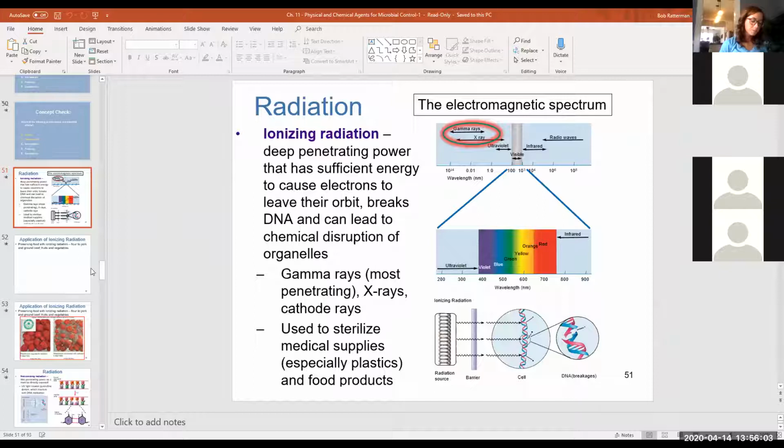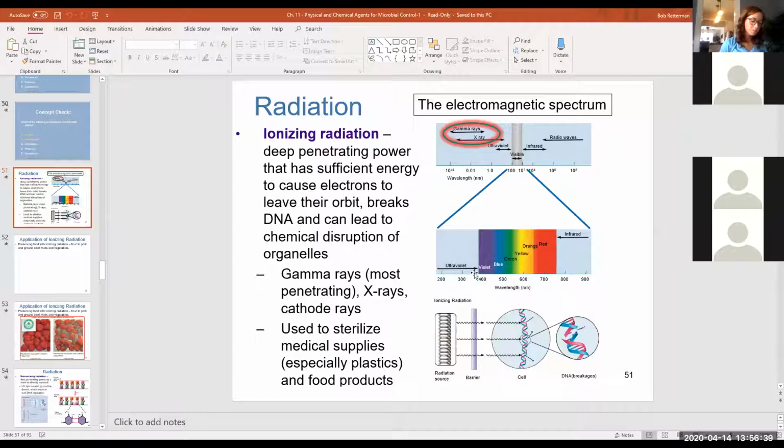Not to get into a great deal of physics here, but this is the electromagnetic spectrum, of which just a small part is visible to you and I. We think of the colors of the rainbow ranging from the longer wavelength red down to shorter wavelength violet. When you pass light through a prism or through raindrops to make a rainbow, the light gets refracted, right? And it has to do with wavelength impacts.